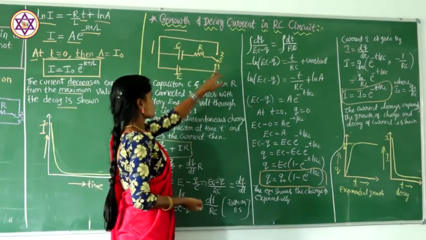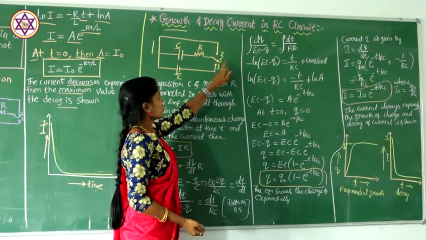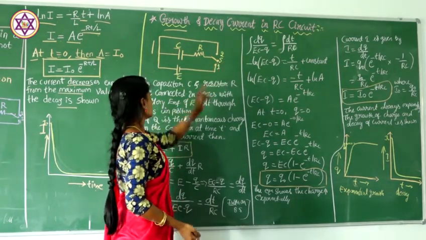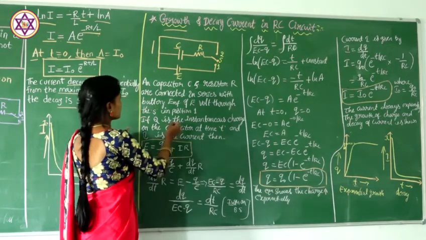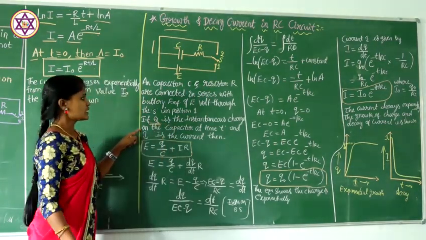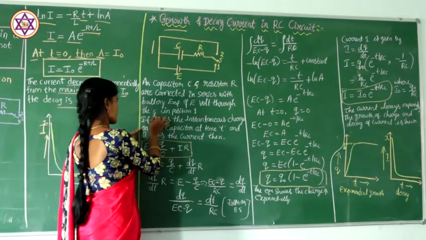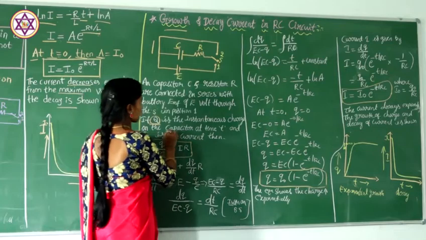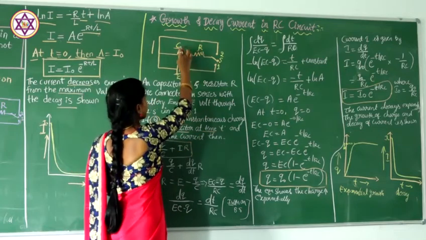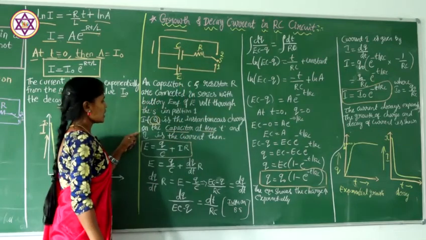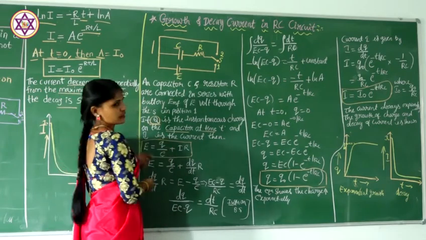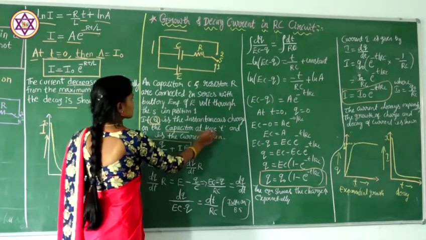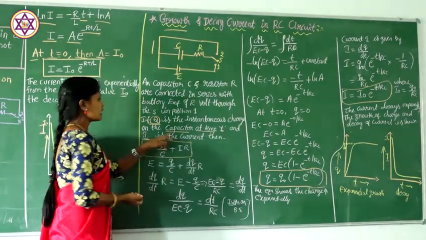This is switch position 1 and this is position 2. If q is the instantaneous charge on the capacitor at time t, I is the current, t is the time, and C is the capacitance.